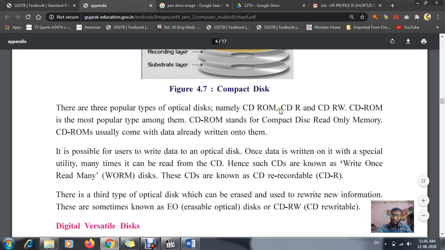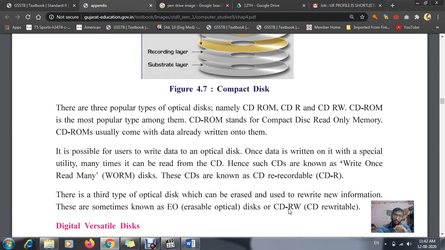CDR is compact disc recordable, and CDRW means compact disc rewritable. That means some CDs can only be recorded once. After you record on that CD, you are not able to change the data.